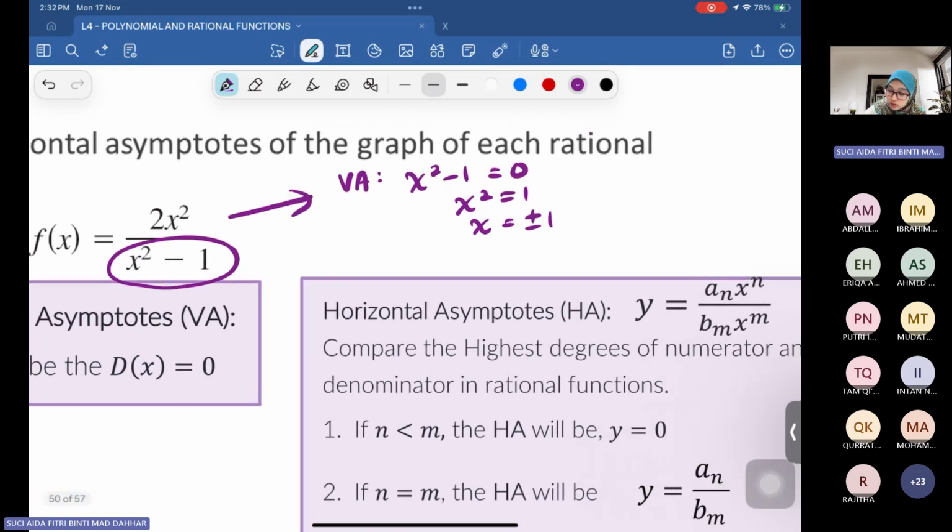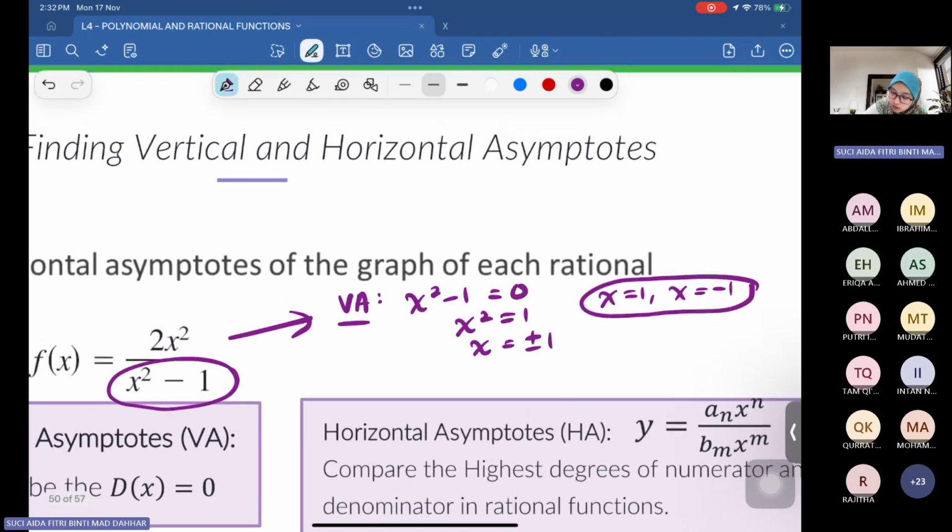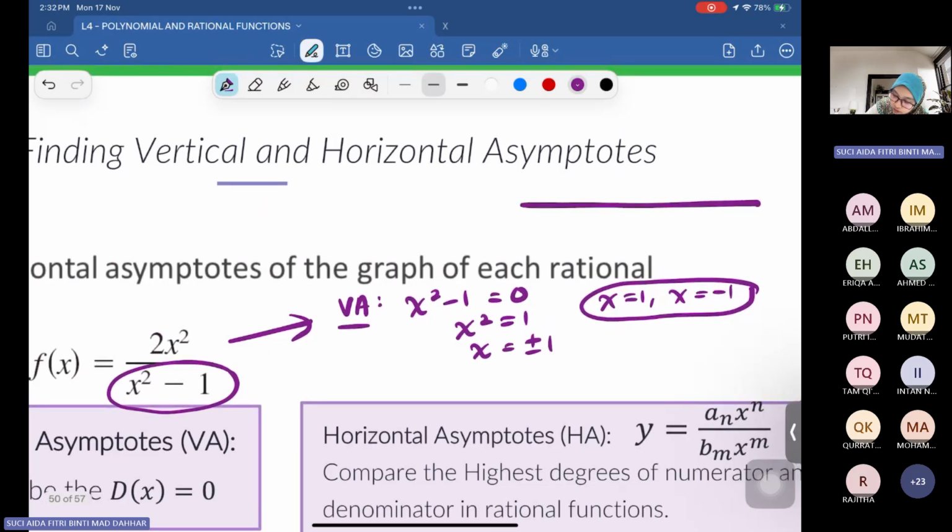Okay, so you have two asymptotes, x equals 1 and x equals -1. This is your vertical asymptote. So later when you sketch your graph, this is the x-axis, this is the y-axis. So you have one on the negative, the other one on the positive one.